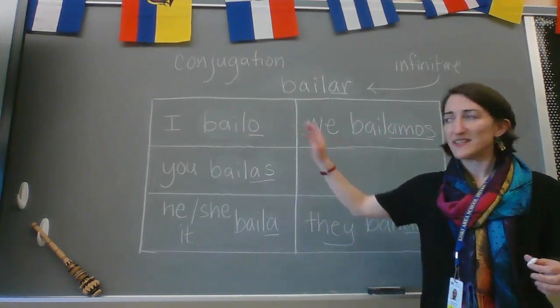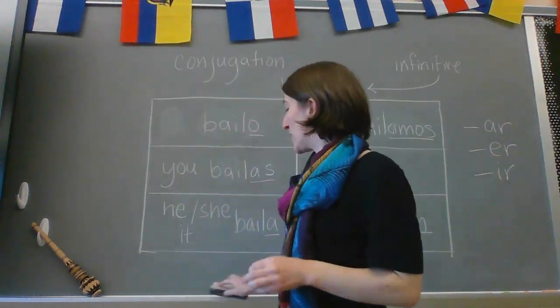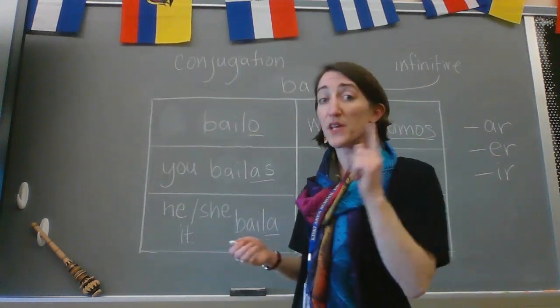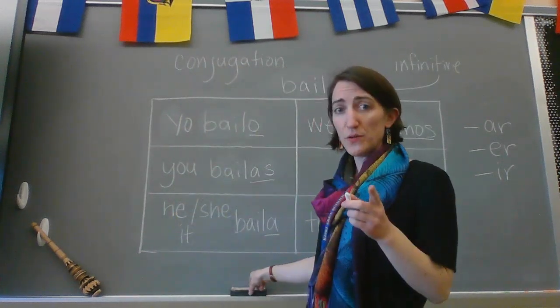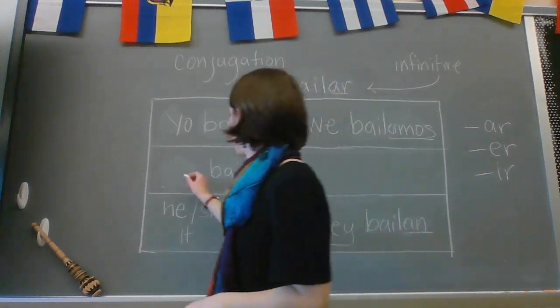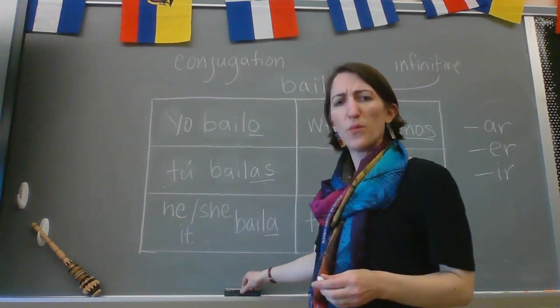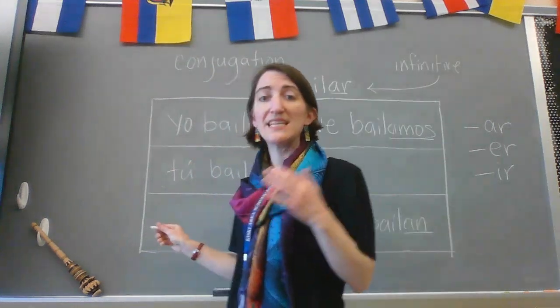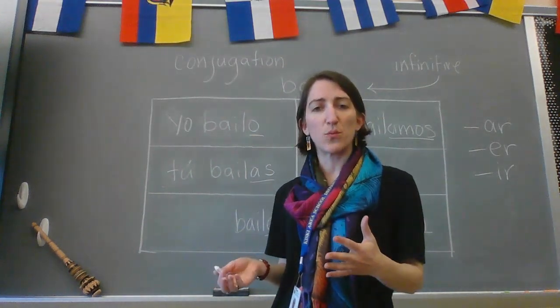All right, now of course, this is all still English, so let's update that. How do you say I in Spanish? Yo. Yo bailo. You, tú. Tú bailas. What about he, she, or it? He is él, and she is ella. And Spanish actually doesn't have a separate word for it.